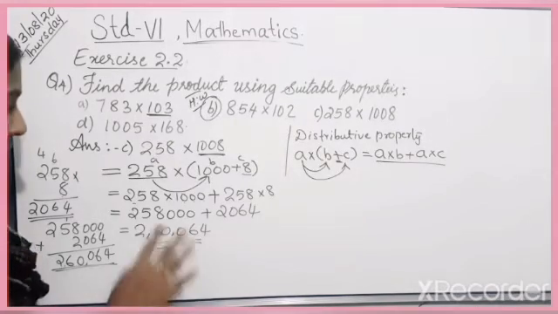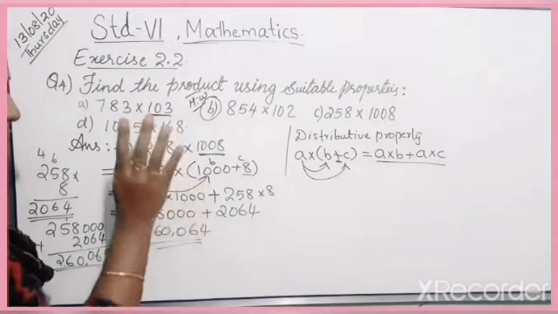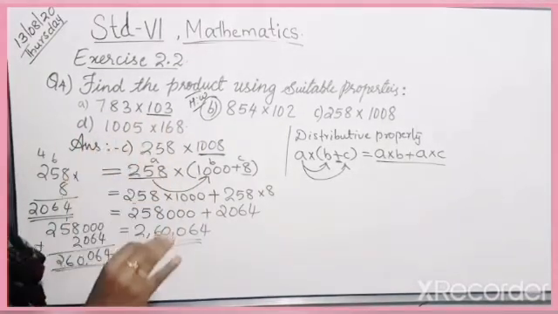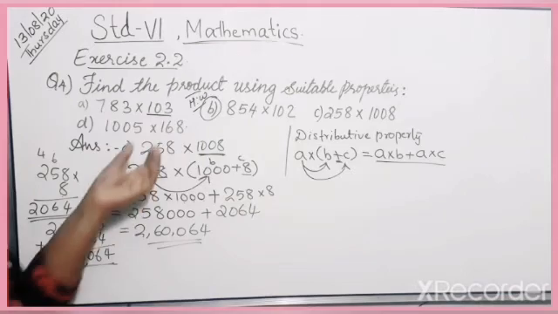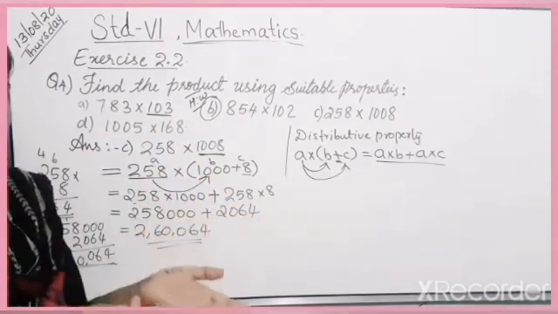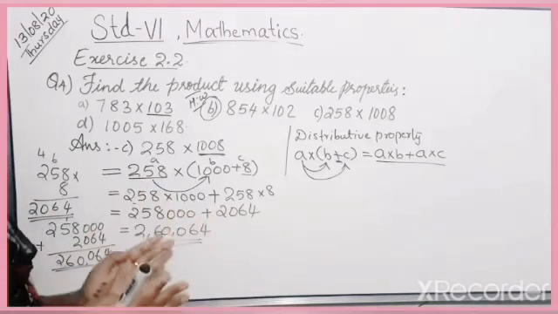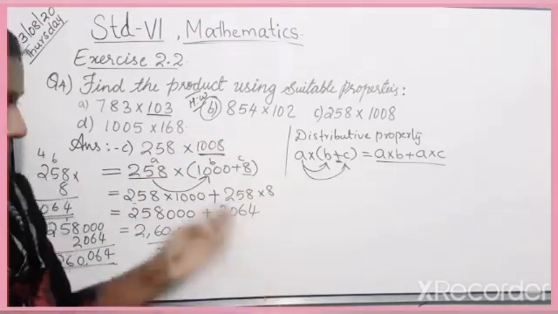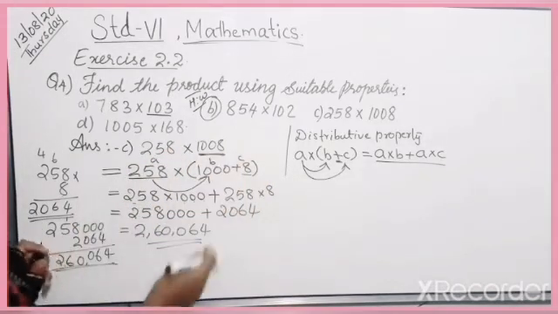Understood? Okay, so always remember, if the numbers which are given to multiply are nearest to hundreds or nearest to thousands, then you can apply the distributive property there. Okay, so I think it's clear for you.